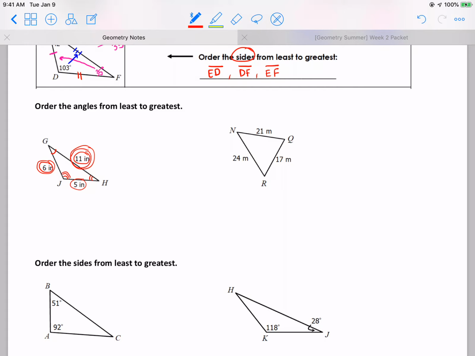Okay. And then now we're going to organize it from least to greatest. That means we're going to start off with angle G, angle H, and angle J. Okay. I don't think I have to do the second example, right? You can do it. You can pause the video and do it, and I'll write down the answer to that one.